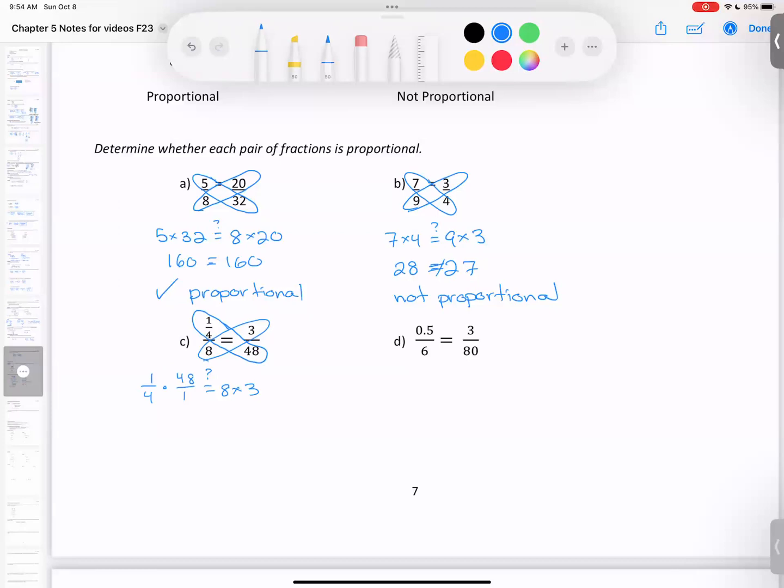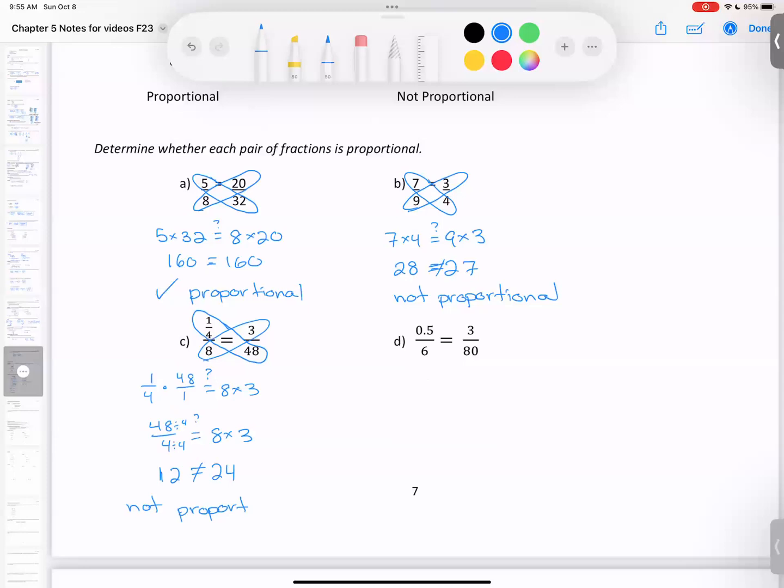Well, 48 over 4 is what we're going to get when we multiply that together. We can do that division, or we could divide the top and bottom by 4, and we're going to get 12 over 1, or 12. So on the left-hand side we've got 12, which does not equal 8 times 3, because that equals 24. So here the answer is not proportional.